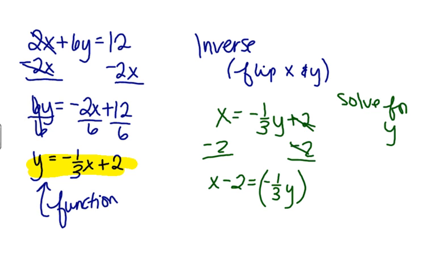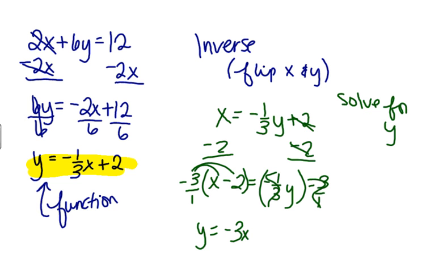So I'm going to multiply by negative 3 over 1, multiply by negative 3 over 1. This guy cancels. So I have y equals negative 3 times x is negative 3x. Negative 3 times negative 2 is positive 6. And so this guy is your inverse.